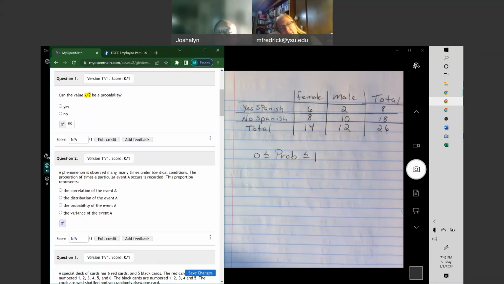What they're just saying here is if you toss the coin over and over again, the probability of getting a heads, the more you do it, when you're finding that, it's just called the probability. I don't know why they put this question in here. You didn't even learn correlation and variance yet, and distribution. They're all in later chapters. It's just probability.